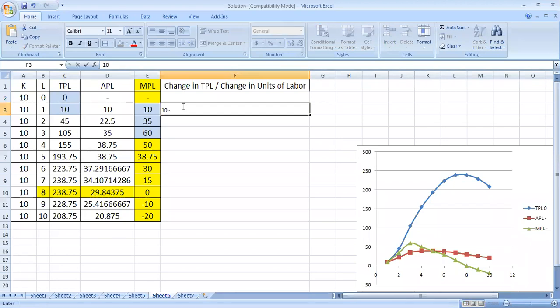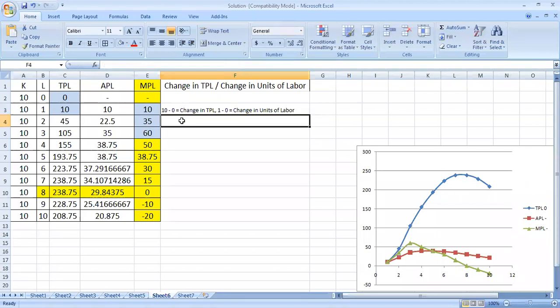10 minus 0 is equal to the change in total product of labor, right? Then look at the units of labor: 1 minus 0 is equal to the change in units of labor, right? So 10 minus 0 is the change in total product of labor, while 1 minus 0 equals the change in units of labor.